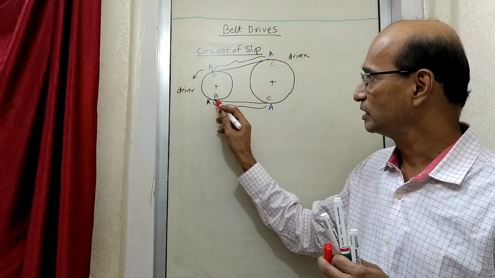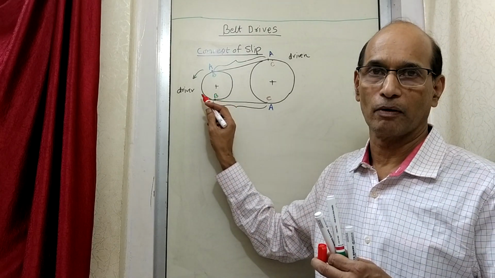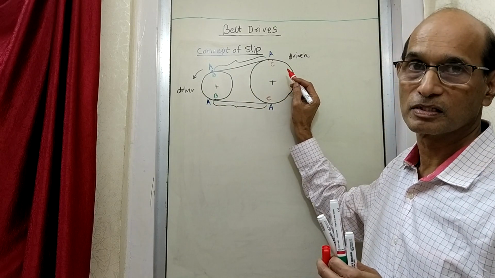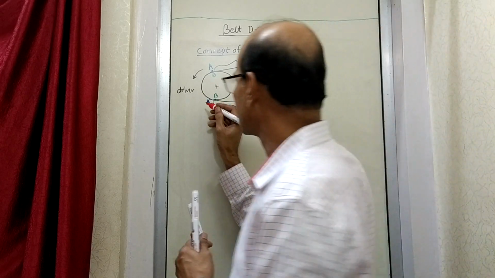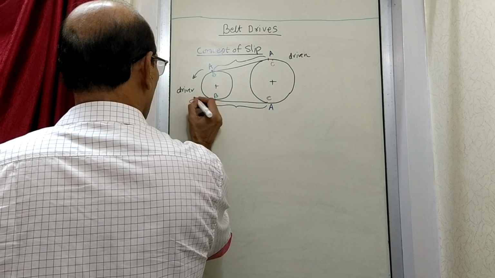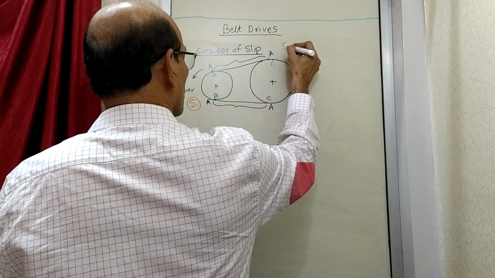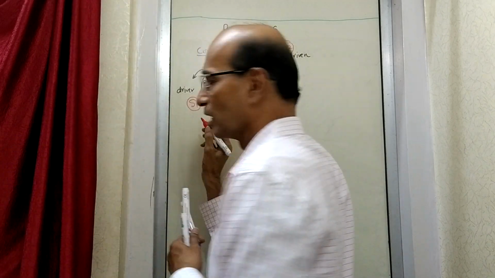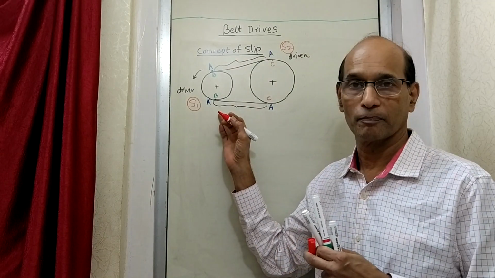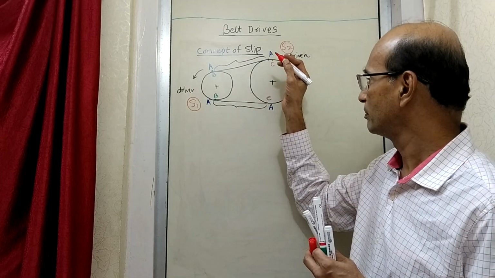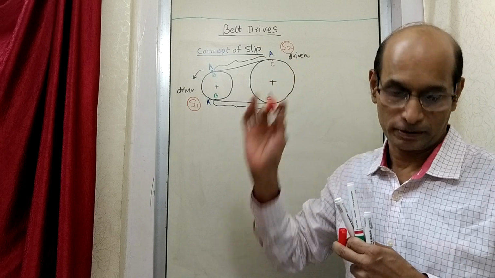So this much amount of slip was existing on the driver, this much amount of slip was existing in the driven pulley. I will call this slip S1 and this slip S2. S1 is the amount of slip existing at the driver pulley, S2 is the amount of slip existing at the driven pulley.